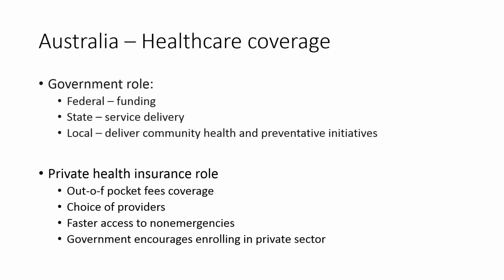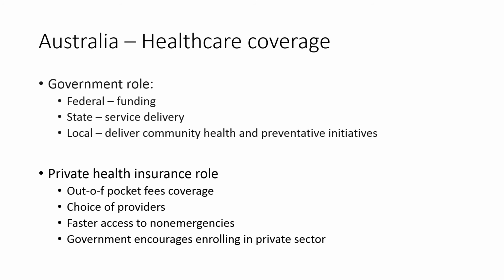The state will own and manage service delivery for public hospitals, ambulances, dental care, and community health. The local will handle community services, community health services, and preventative health programs.